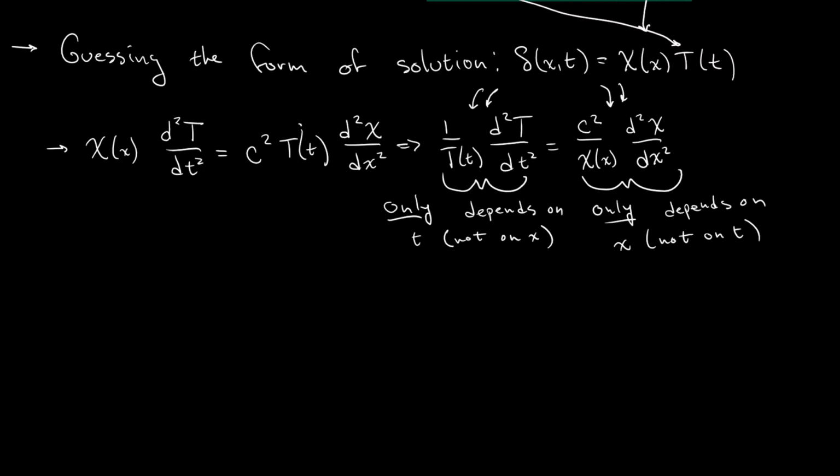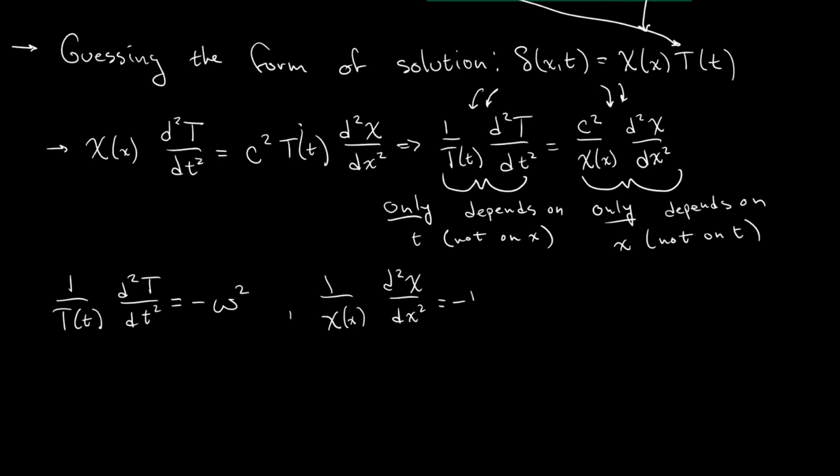So I'll write it just for convenience: 1 over T, d²T/dt², is equal to minus omega squared, and 1 over X, d²X/dx², is equal to minus k squared, where omega squared is equal to c squared k squared. That's the only way I can satisfy this, is if these are equal to constants.